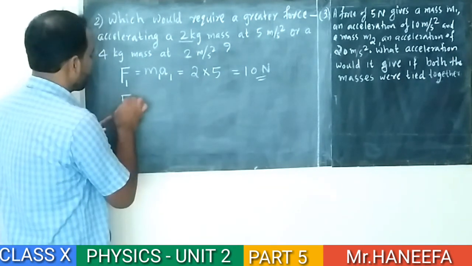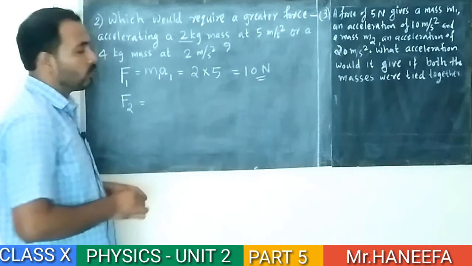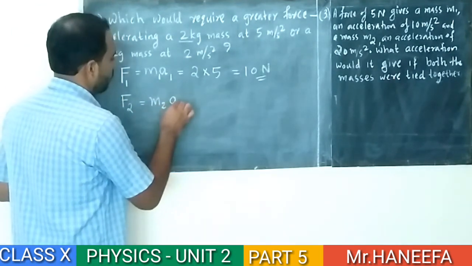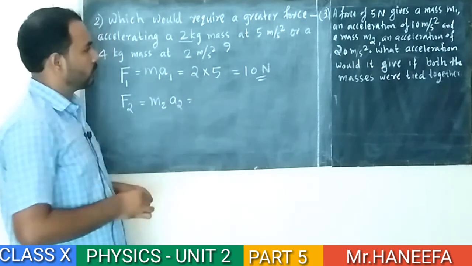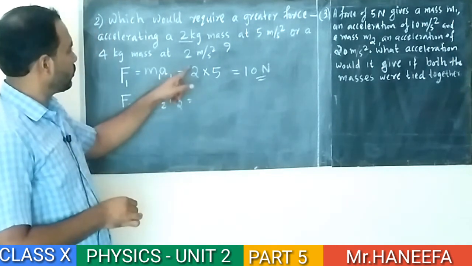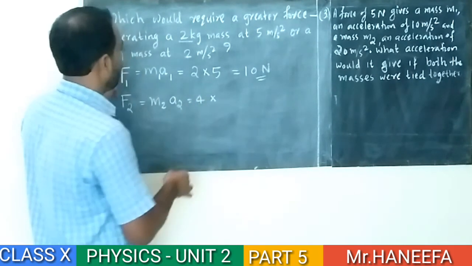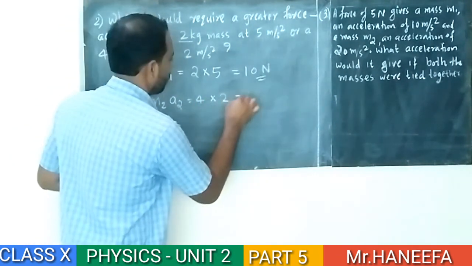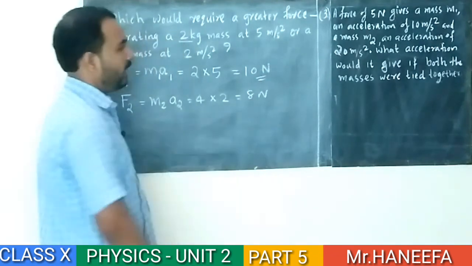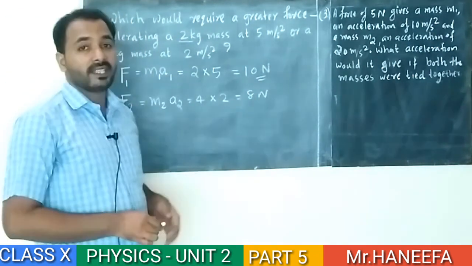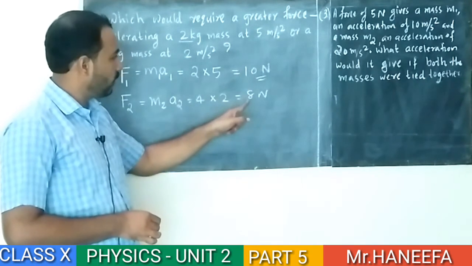Second case, F2 equal to m2a2. So here 4 into 2 equal to 8 Newton. So which would require a greater force, 10 or 8?